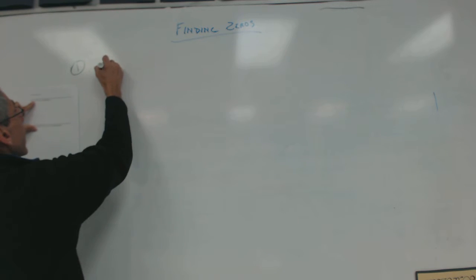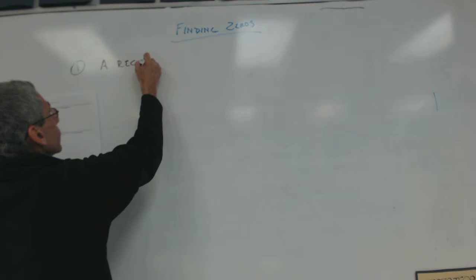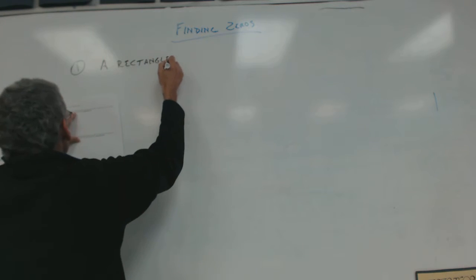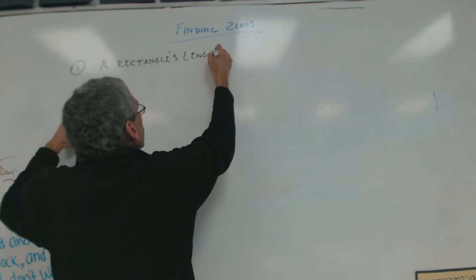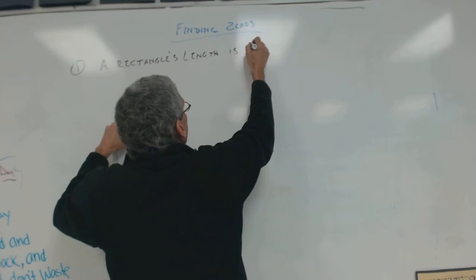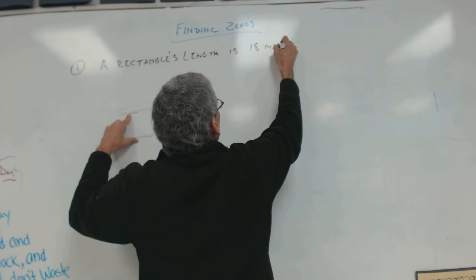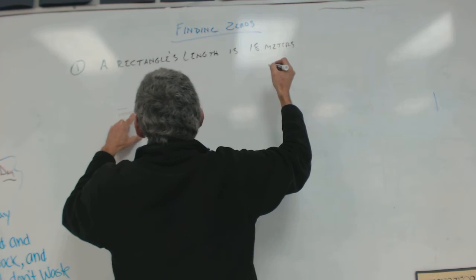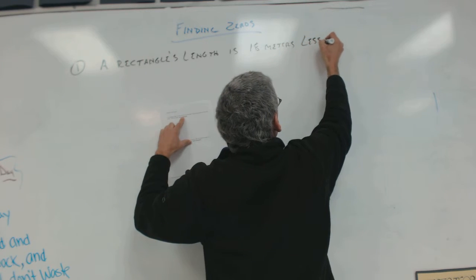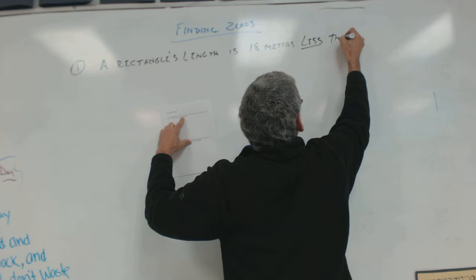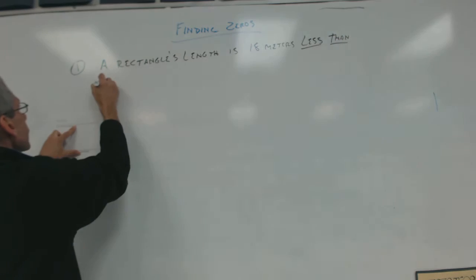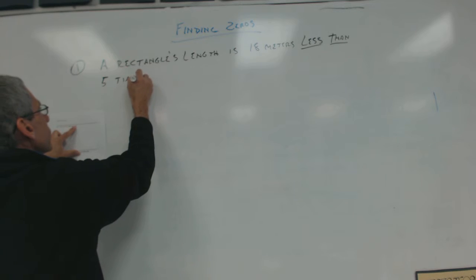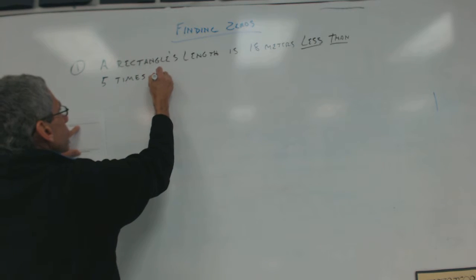So it says a rectangle. Everybody write this down as I'm doing it because we're running out of time. A rectangle's length is 18 meters less than 5 times its width.